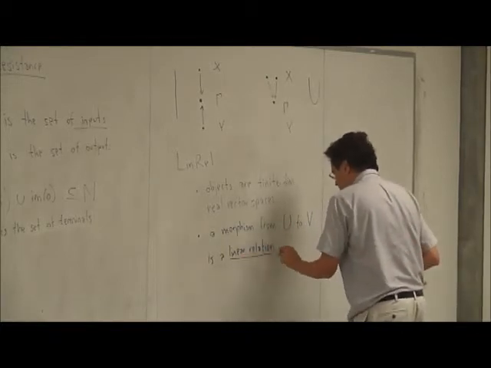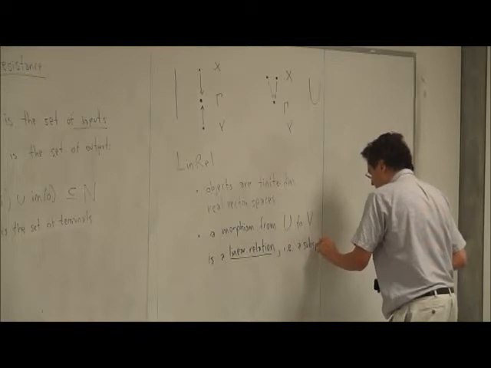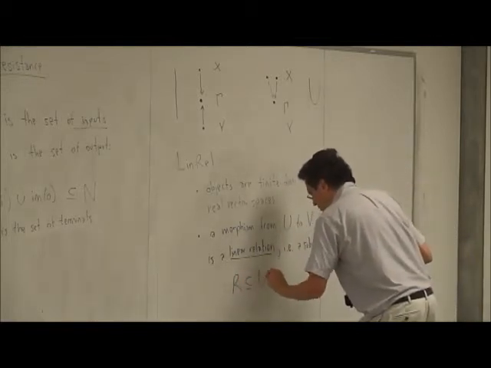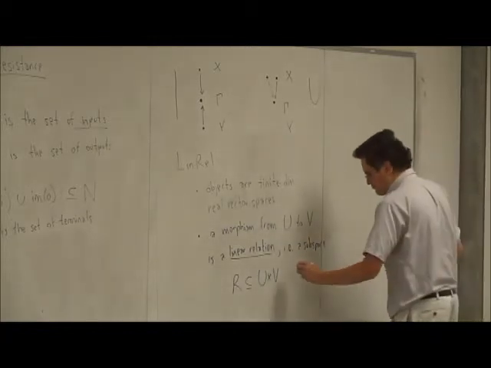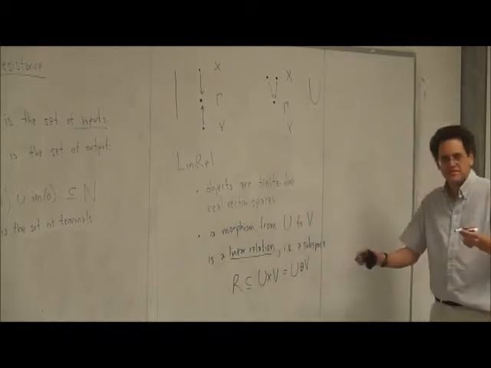So a linear relation is just a linear subspace of the product of U and V. If you like to show off your math training, you can write it as a direct sum.